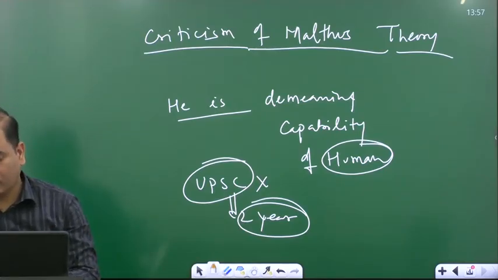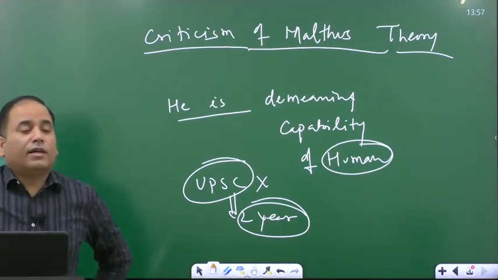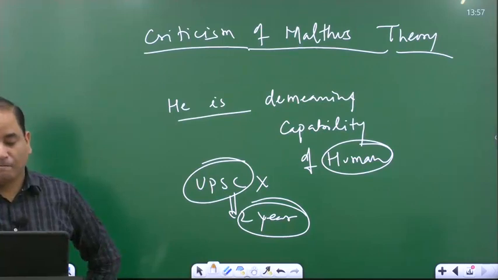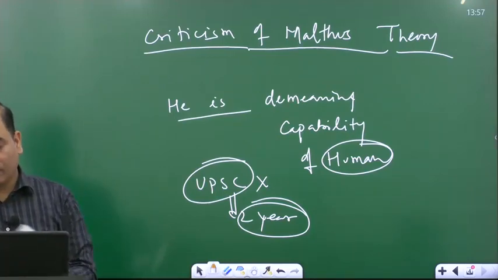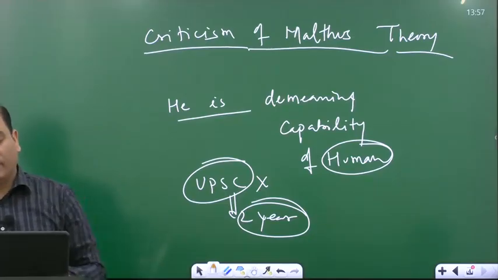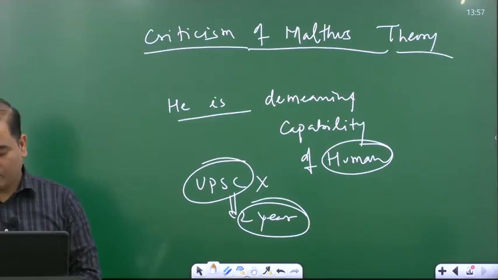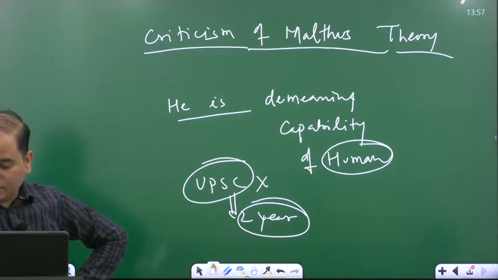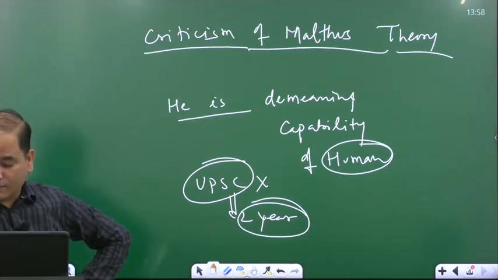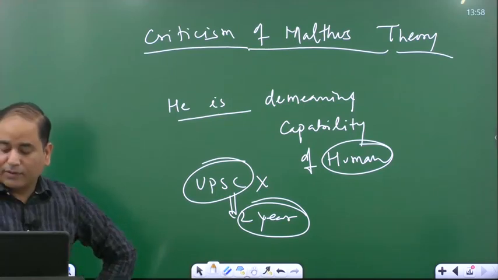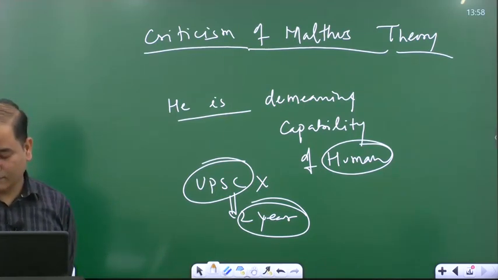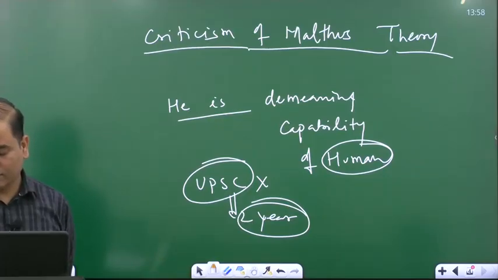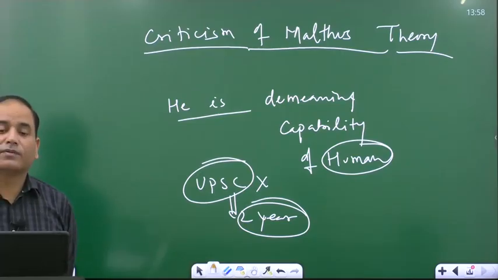Last point you can write. Malthus has been heavily criticized for ignoring the role of changing technology and consequent improvement in the level of subsistence and transformation in the social and economic setup of a society.